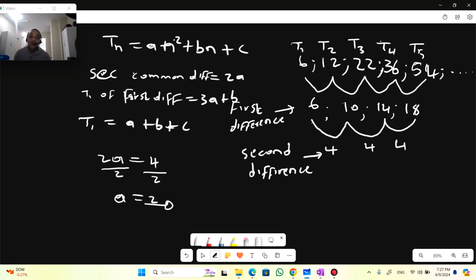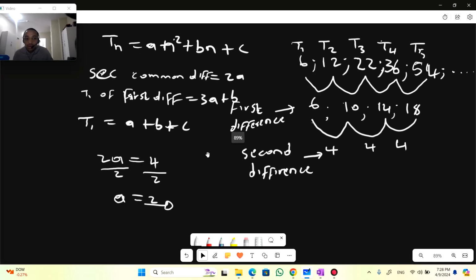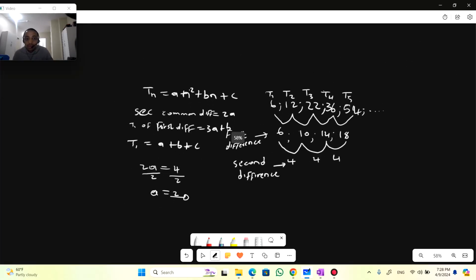You need to have the value of B, because you cannot jump over there and look for the value of C without the value of B. So first you need the value of B. So your value of B, you just say 3A plus B is equal to 6.